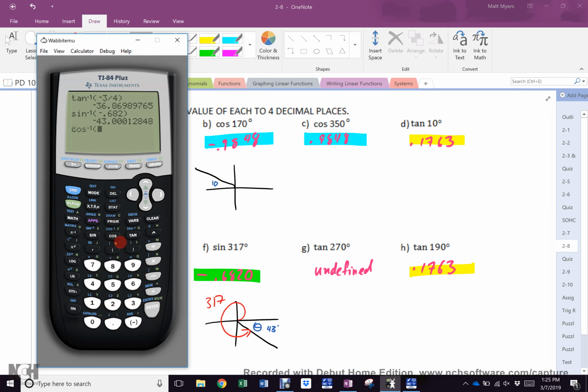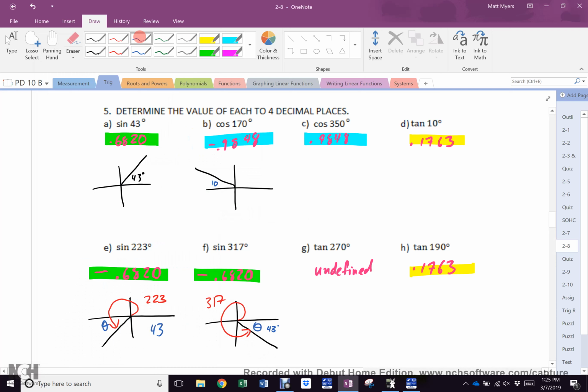Shift cos negative 0.9848. What? It gave me 170. Damn! Why are you doing this to me, calculator? No, this is actually happening.